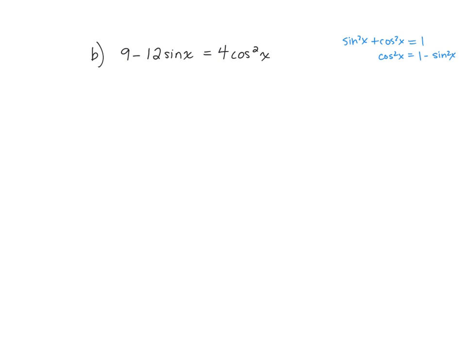I can replace it with a 1 minus sine squared x. And now everything that I have will be written in the same trig ratio. So at this point, we're just going to expand, and I'm going to move everything over to one side.